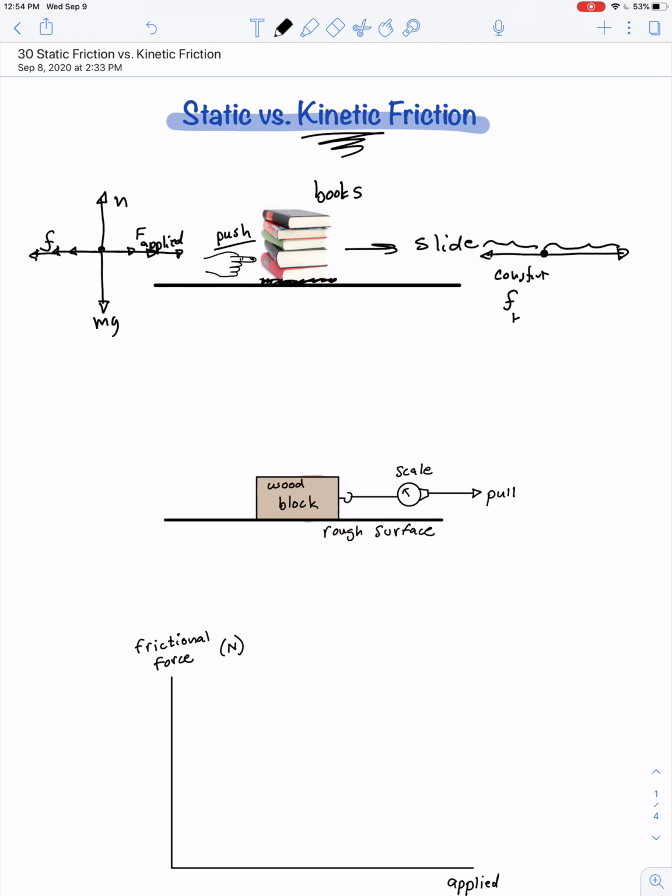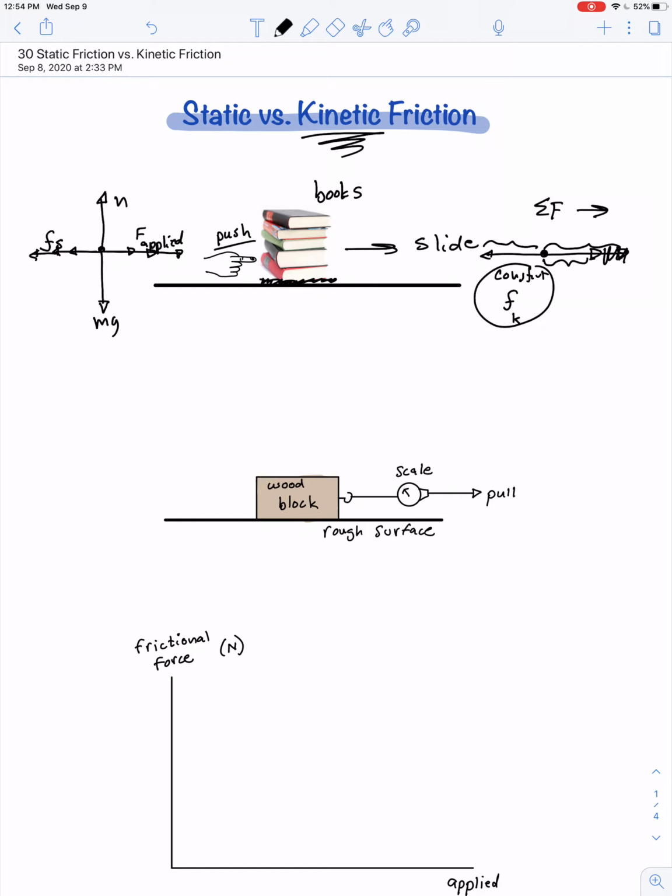We might say F subscript K for kinetic, where here we add an F subscript S for static. If these two are out of balance, then there's a net amount of force pointing to the right, and the books can accelerate.